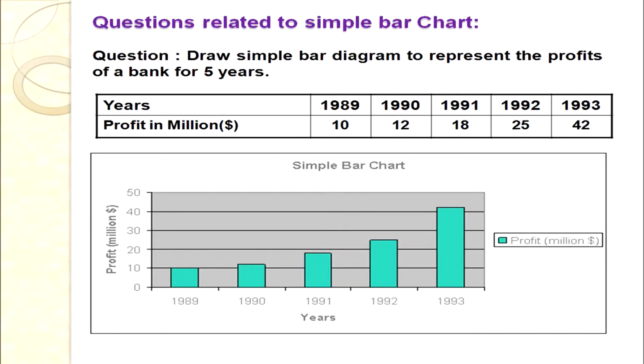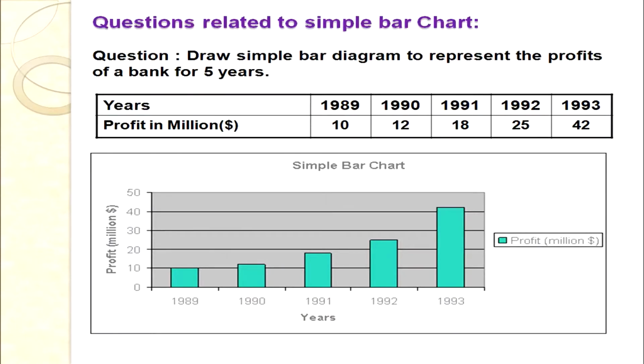Mind it, while you are drawing diagrams, you have to label them and write the keys to indicate what each represents. So, we first write years on the x-axis, then plot the years 1989, 1990, 1991, 1992, 1993 in such a way that they are equidistant, and the rectangles I am going to make will be of equal width.